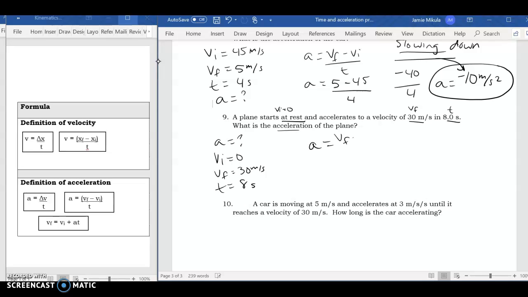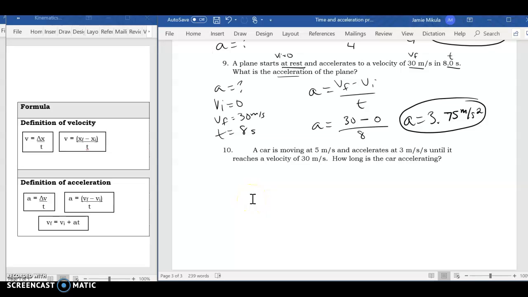So A equals VF minus VI over T. A equals VF is 30 minus VI is 0 over 8. 30 divided by 8 is 3.75. And that's going to be meters per second squared.